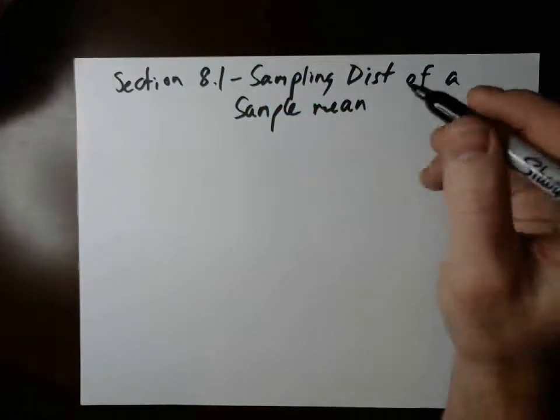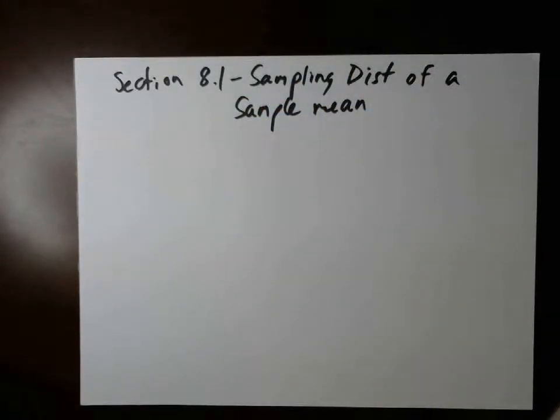So for example, let's say that we have an original distribution, because we always take a sample from an original distribution.